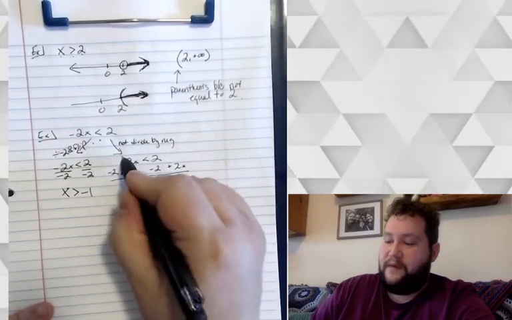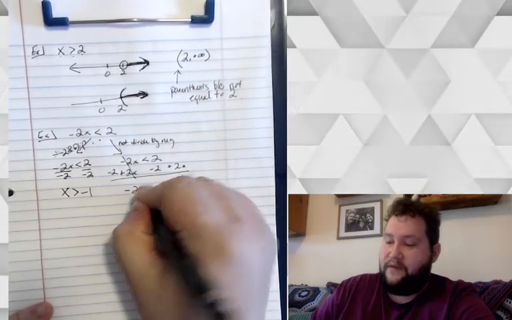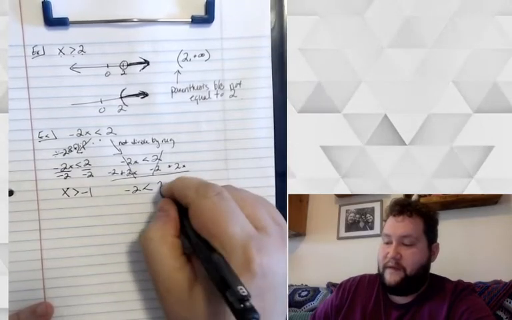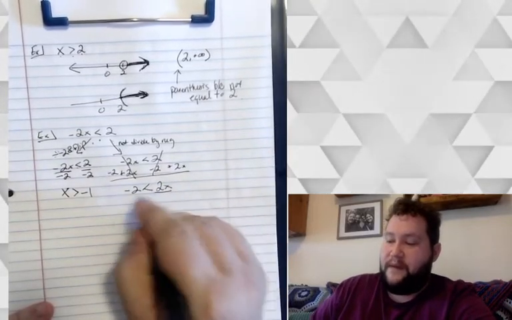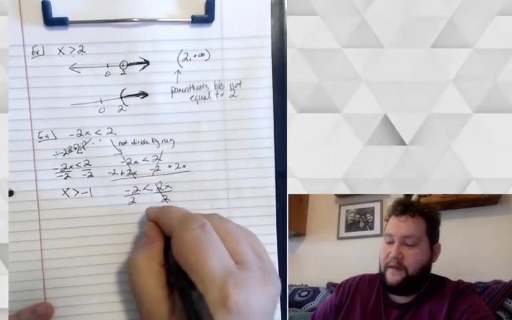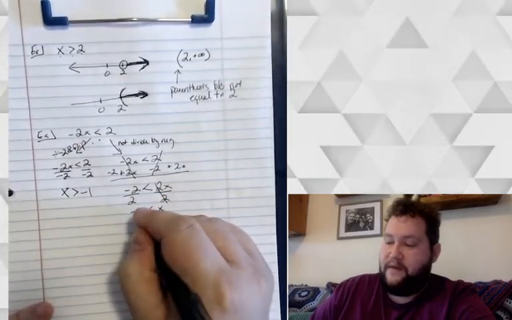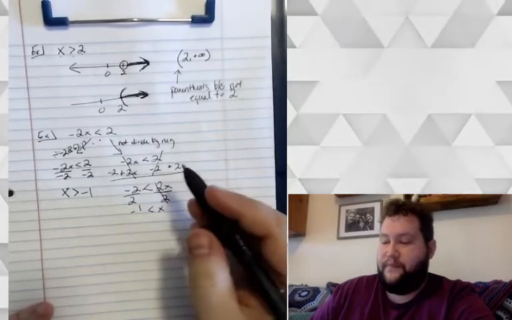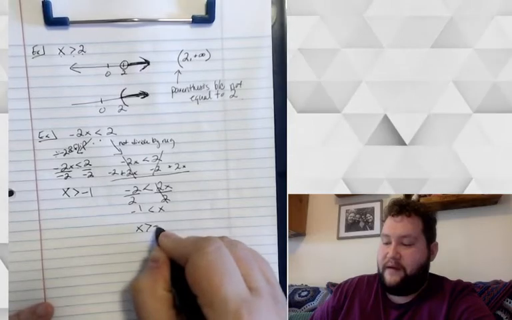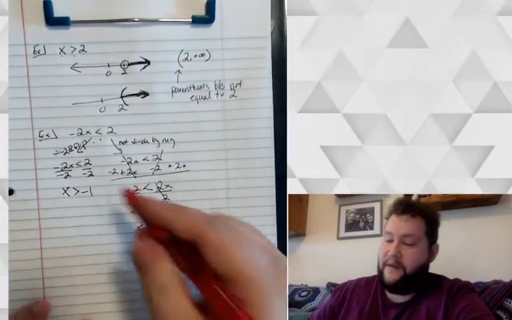Well, -2x plus 2x is 0, so we have -2 is less than, those subtract off, 2x. Remember, we can divide by a positive number without changing this direction. x is greater than -1. And so if I just rewrite that with the x on the left, x is greater than -1. Right, and so those are the same.